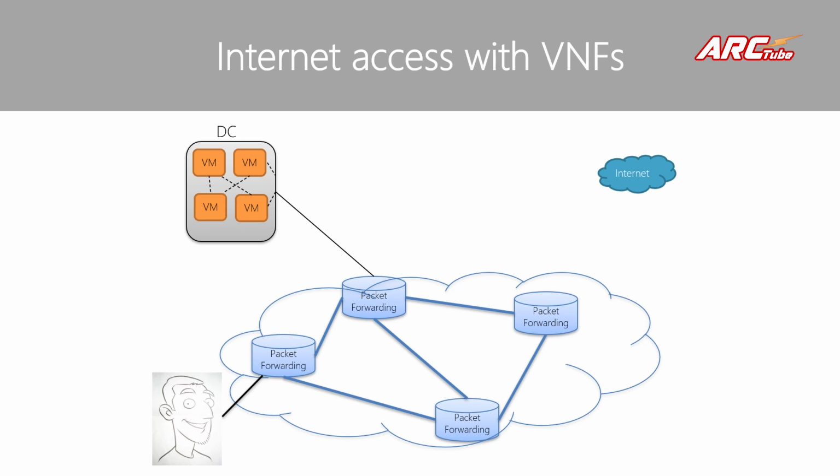And then finally, when everything is done, like my firewalling is done, my deep packet inspection is done, my network address translation is done, then I am through to the internet and I can access the internet. So I achieve the same internet access requirement, but now eliminating all the middle boxes implemented on PNFs. Instead, I now use VNFs or virtual network functions.